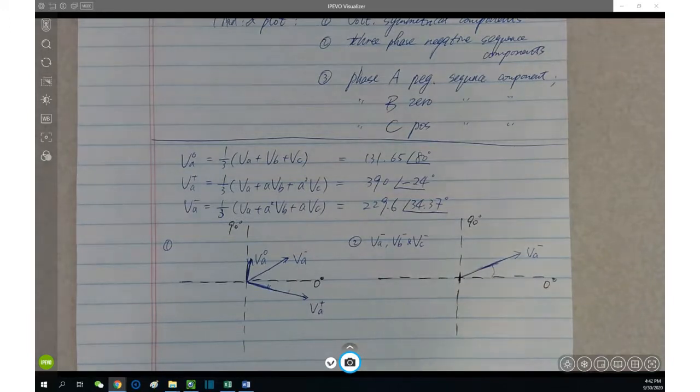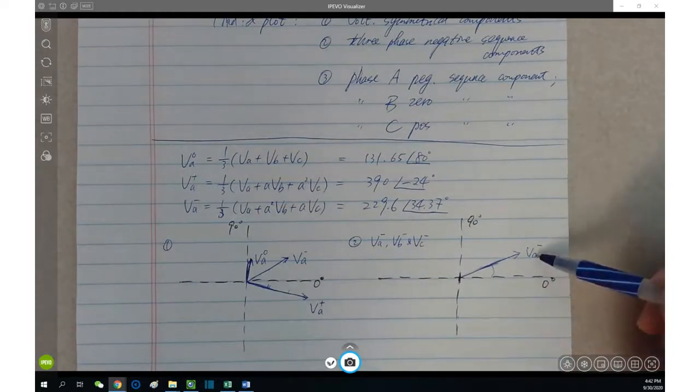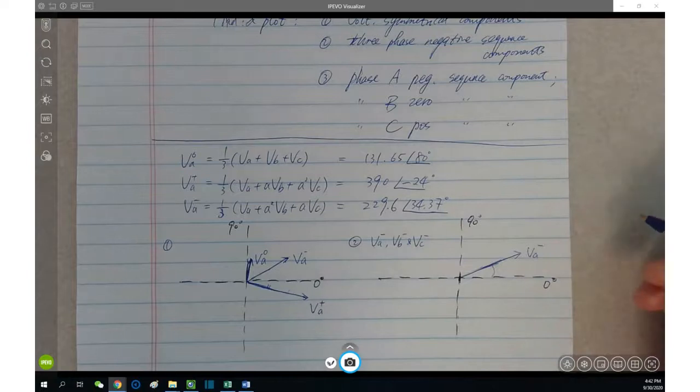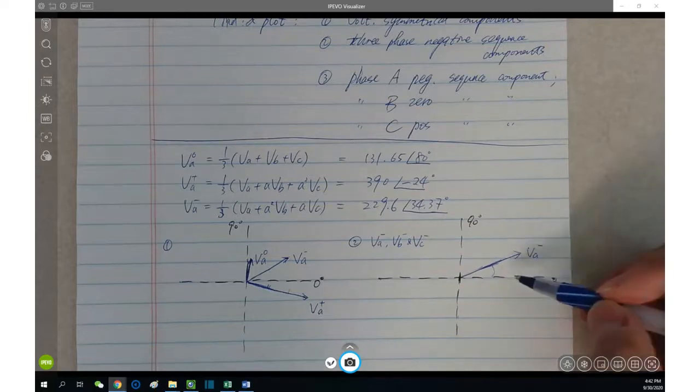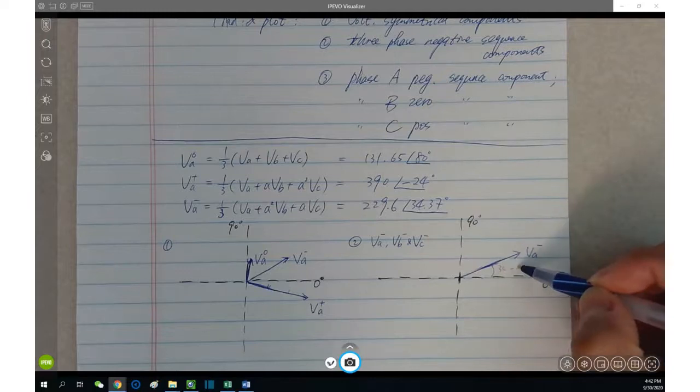Then how to plot VB minus and VC minus? Well, we don't need to do real calculation actually, right? VA minus to VB minus is doing what? Same length, same vector length. However, increase your degree by 120 degree, right? So 34 plus 120 degree.